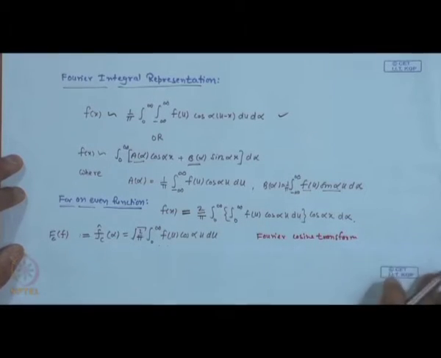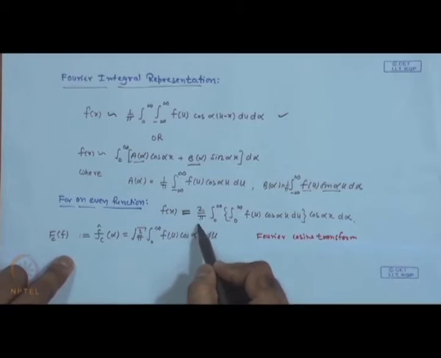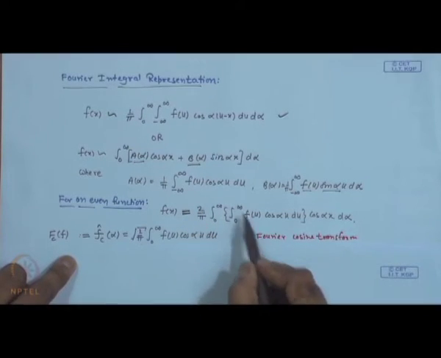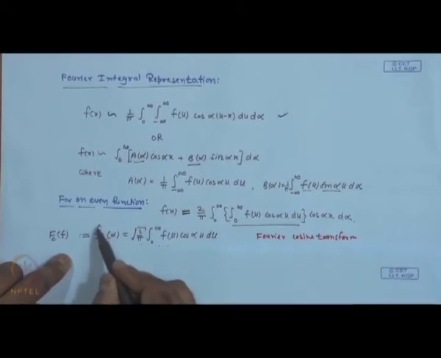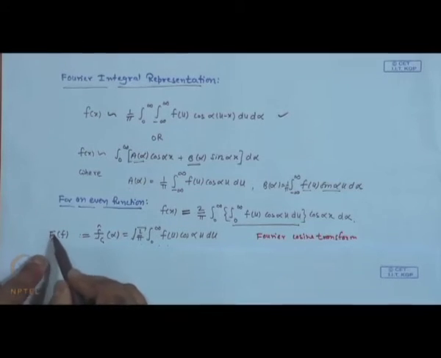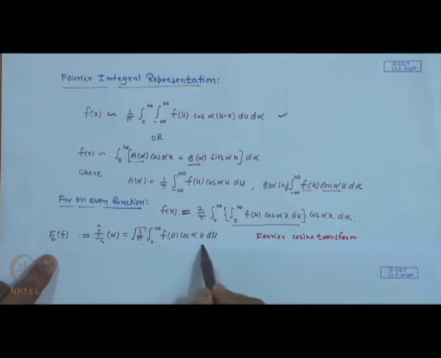Then we have defined the Fourier cosine and Fourier sine transforms. We take the factor square root 2 over pi, and the integral from 0 to infinity of f(u) cos alpha u du. Since this is now a function of alpha, we are integrating over u. We call it f hat c of alpha, or we also write in operator form that F c, the Fourier cosine transform of f, is given by this function.